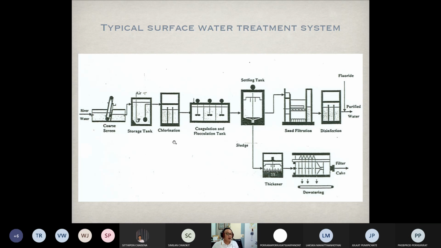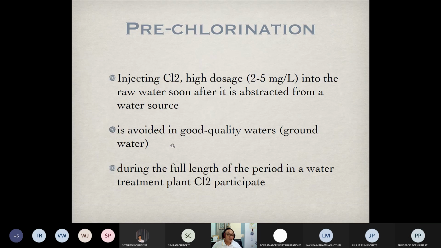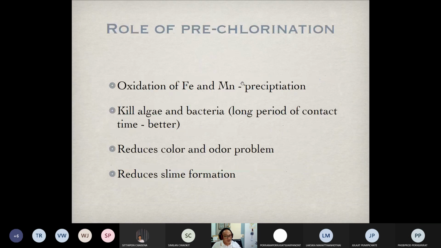The major objective of pre-chlorination is just to oxidize some reducing agents, as I mentioned, mostly to remove iron and manganese. The interaction between iron and manganese with chlorine will cause precipitation, because it will change the oxidation-reduction conditions in water.